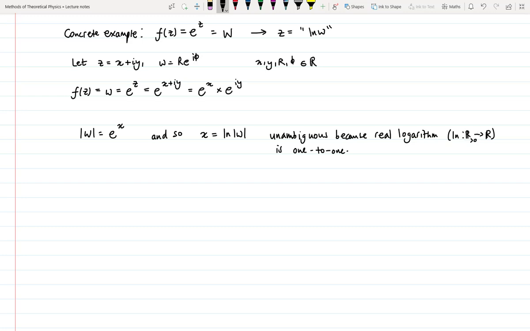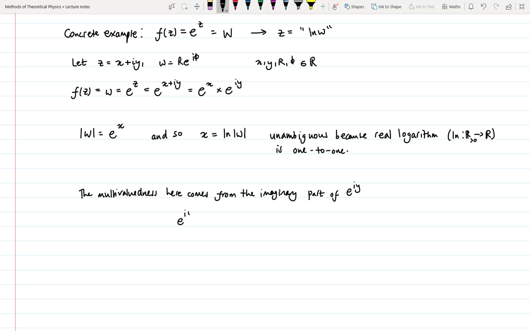So that's unambiguous. But it turns out that the inverse for complex exponentiation is multivalued. Multivaluedness here comes from the imaginary part of e to the iy that we saw on the line earlier.